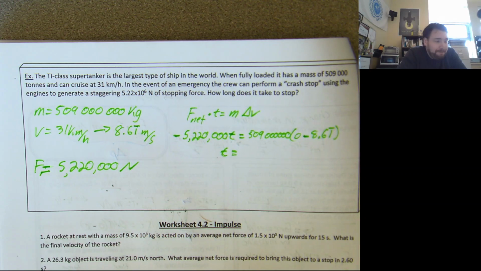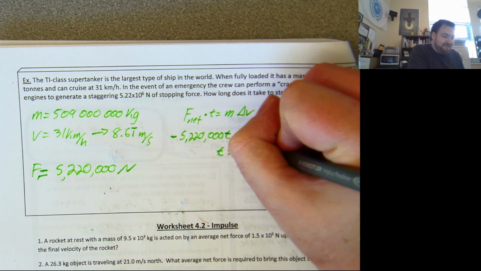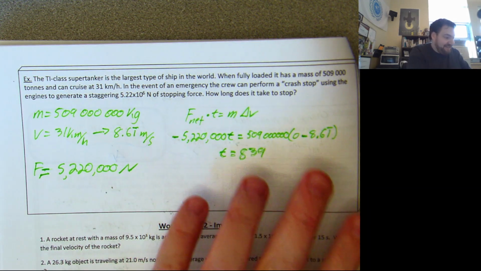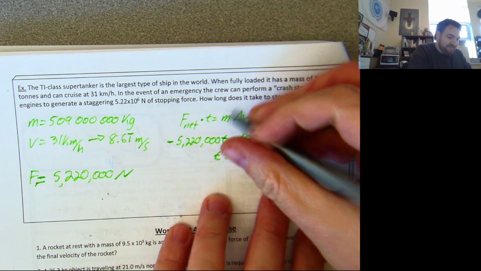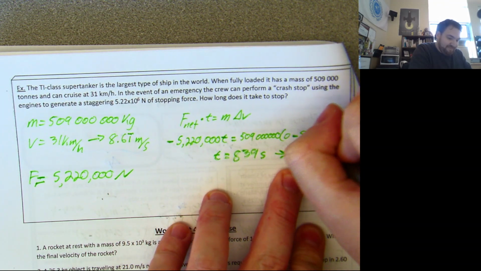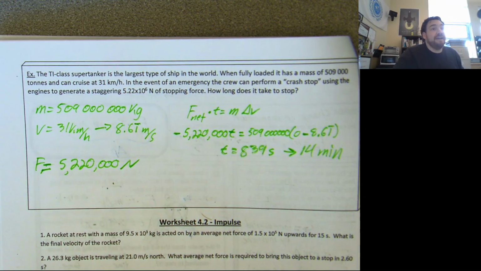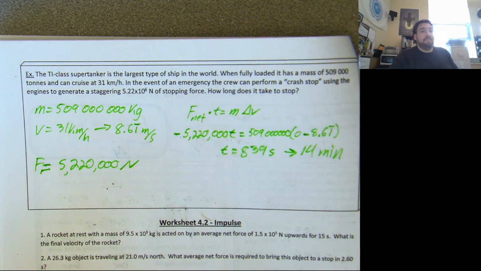What'd you get? 839. Sorry? So then you divided that by 60. If you decide that this ship needs to stop, it's going to take you 14 minutes to do it from full speed.